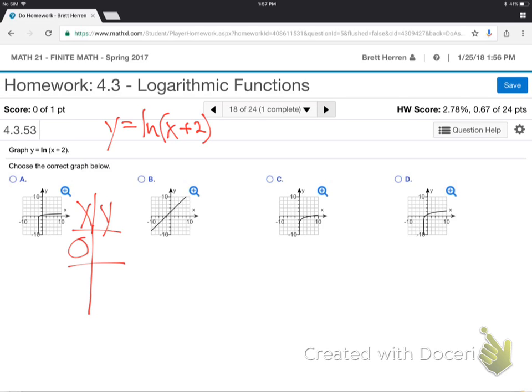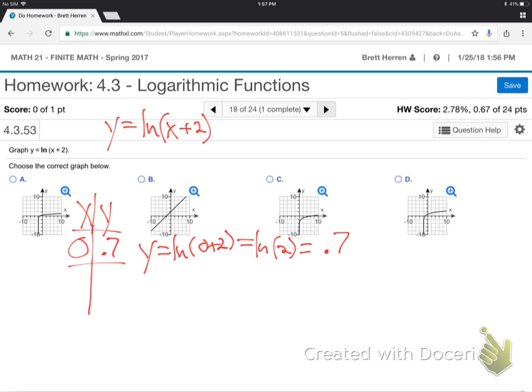Just plug in 0 there. Just use my calculator. So y is natural log of 0 plus 2, which is natural log of 2. And what is that? It's 0.69. I'm just going to round it to 0.7 because I can't really graph any more accurately than that. Good so far.